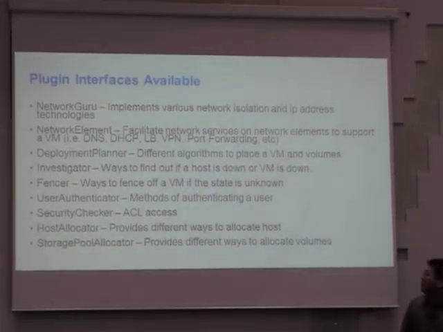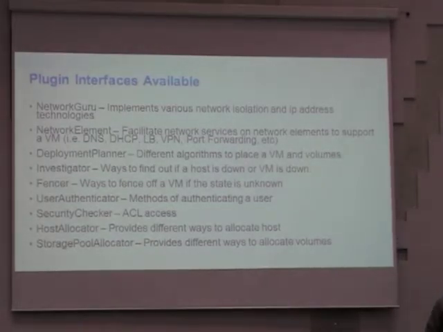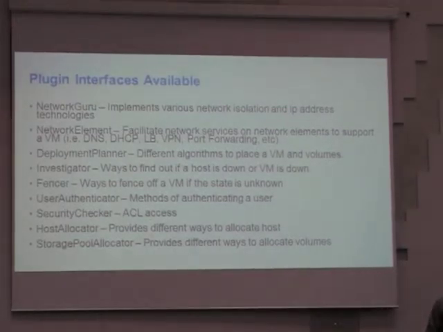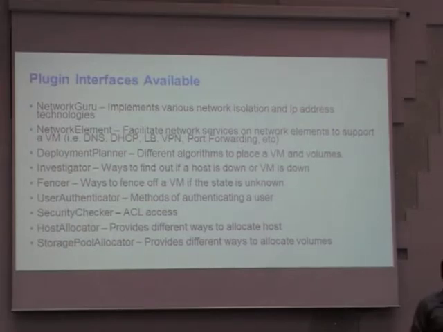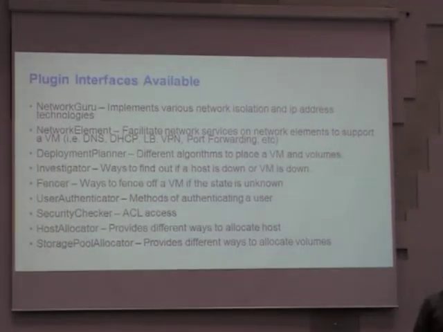Investigator is a plugin where you can implement how we determine whether a host has really gone down or not. So, for example, when a host goes down, what happens today is CloudStack will attempt to figure out what really happened with that host. It could be as simple as going through a different host within the same cluster to do a ping to make sure it's alive.